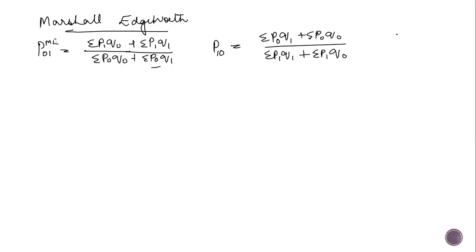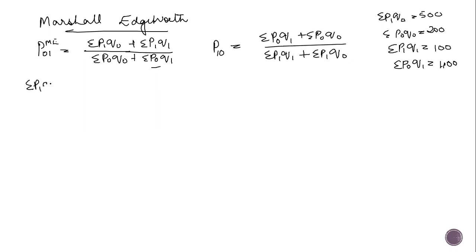Okay, again we will take some values here. Consider the same: summation P1 Q0 as 500, summation P0 Q0 as 200, summation P1 Q1 as 100, summation P0 Q1 as 400. Okay, substitute the values here. I'll write here quickly.